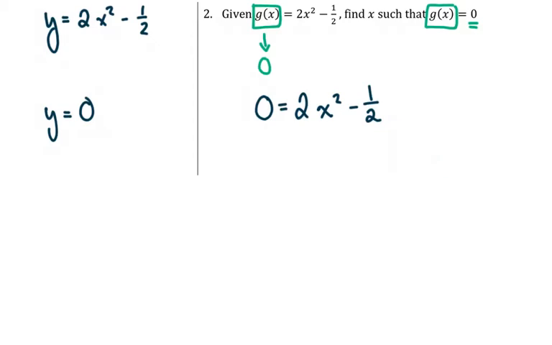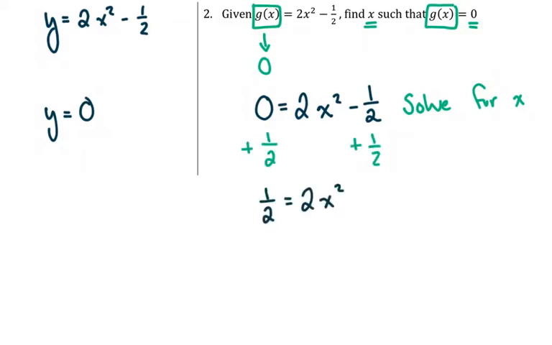So now you'll notice that this is a solve problem because we want to find x. So that just means solve for x. In this case, I'm going to add 1/2 to both sides. And then I'm going to divide by 2.